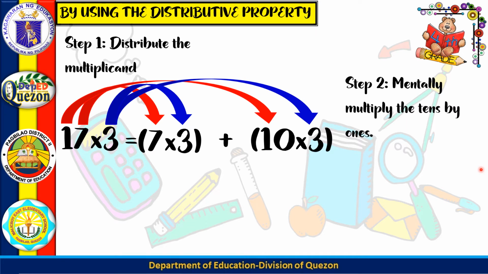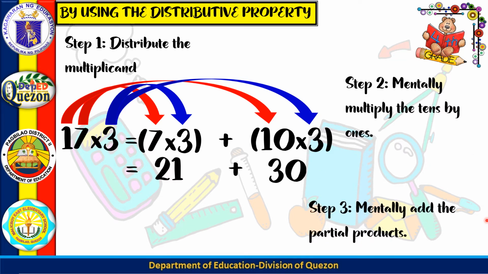Now, let us multiply 7 times 3 and 10 times 3. What is the answer? Okay, correct. 7 times 3 is 21 plus 10 times 3 is equals to 30. The third step, mentally add the partial products.